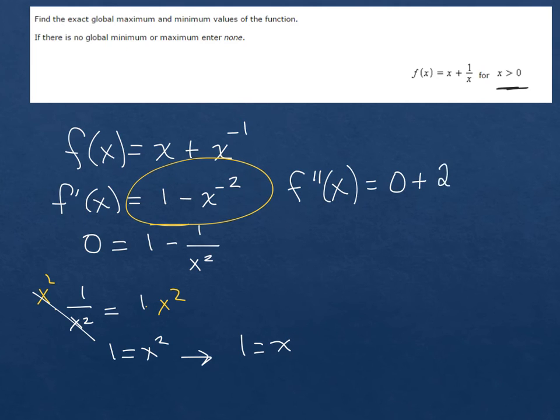So negative 2x, subtract 1 to the negative 3 power. And so this is going to equal 2 over x cubed. I plug in my critical point, and I can certainly see that this is positive. So that means it's a global min.